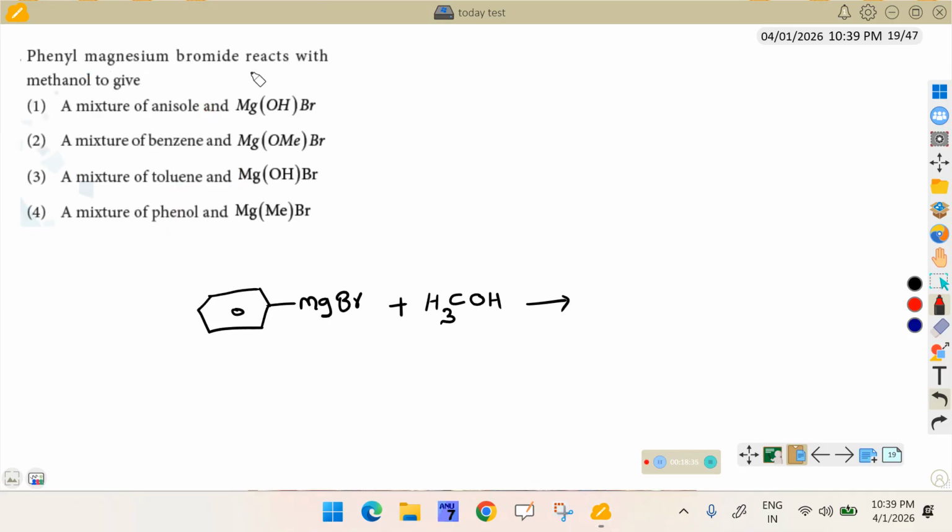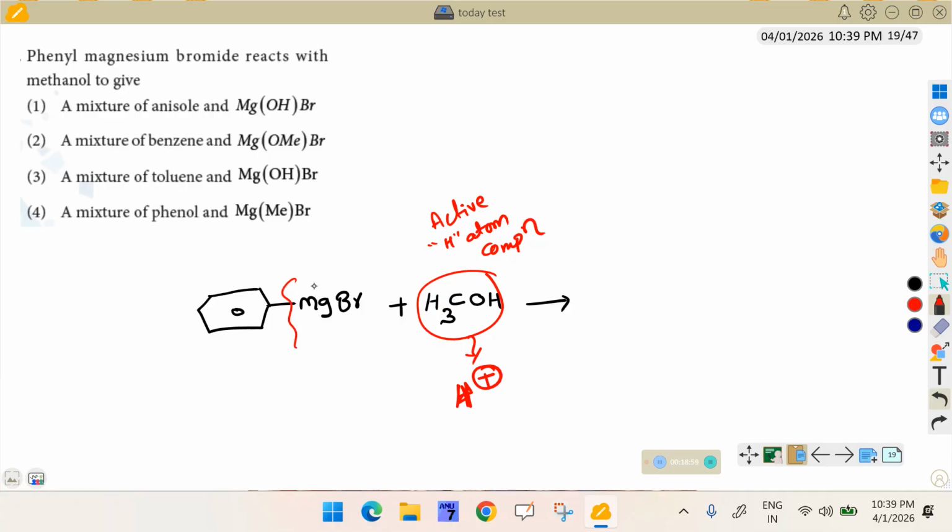Phenyl magnesium bromide reacts with methanol to give. We know that Grignard reagent reacts with active hydrogen containing compounds. Active hydrogen compounds, then it gives alkanes. Why? Because active hydrogen containing compounds release H+ ions.